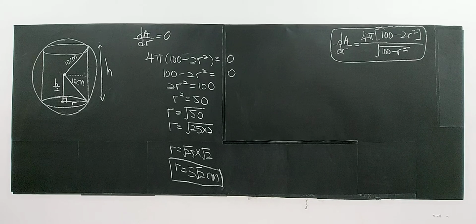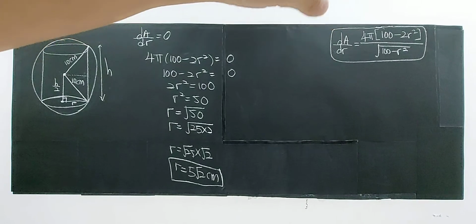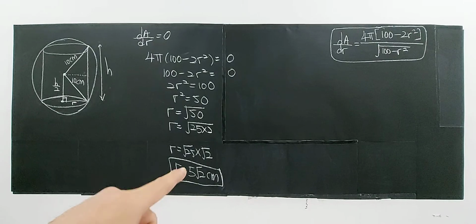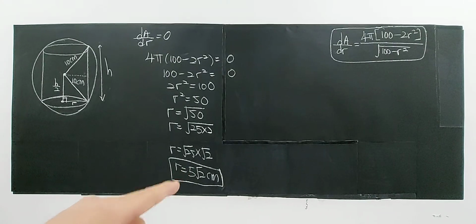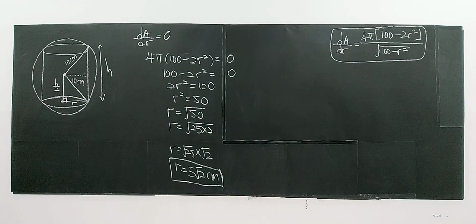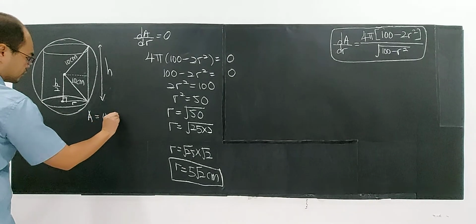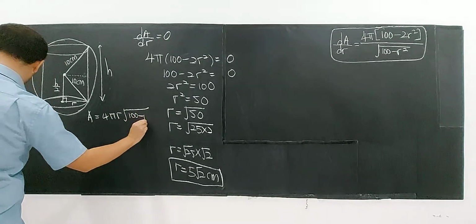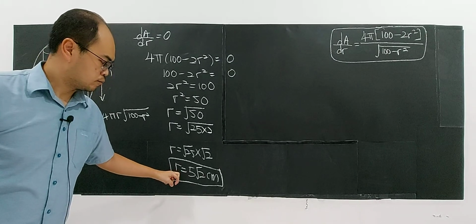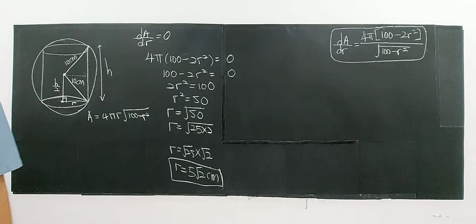So for sure this will give you a maximum area, right? Maximum area. If you want to do the second derivative test, whether you use the first derivative or second derivative test, you will find out that this is the maximum point. So when r equals 5 square root of 2, the area, the formula for area just now is area equals 4 pi r square root of 100 minus r squared. So the value of r will cause the curved surface area to be a maximum area.